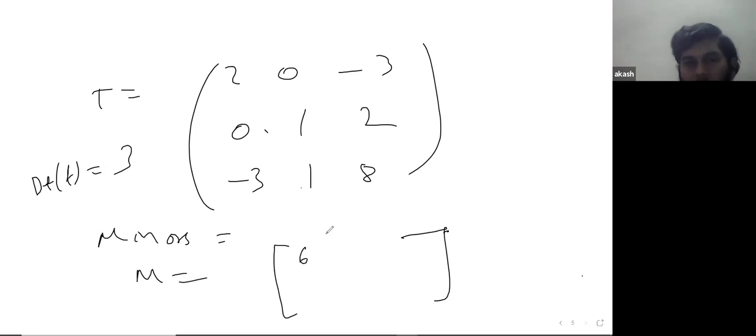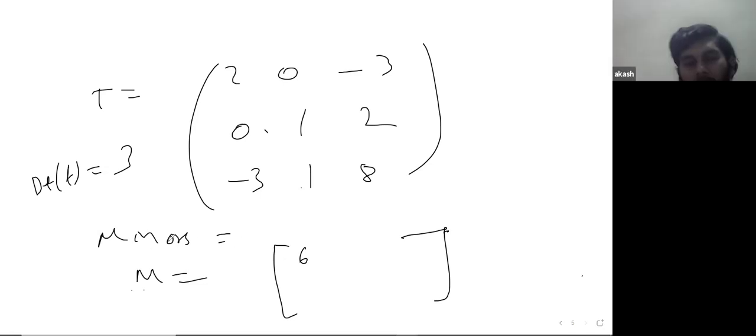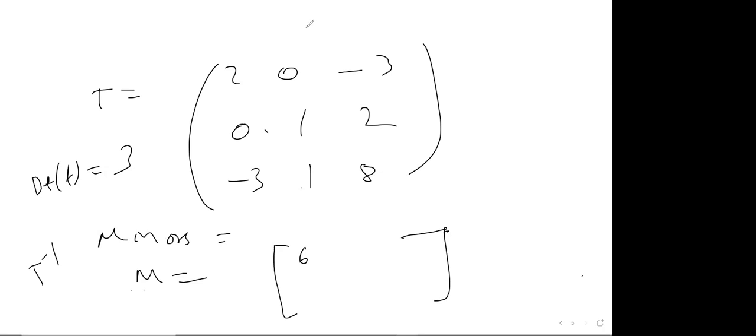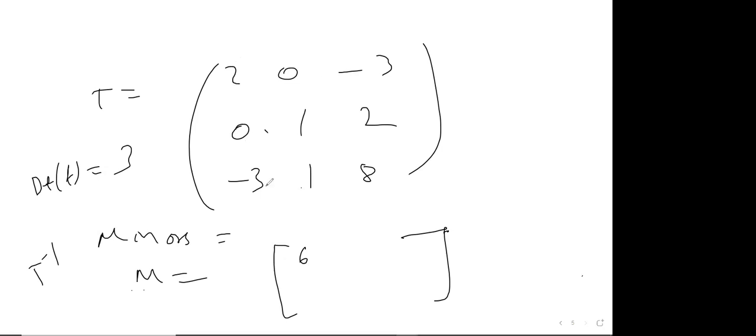The first is 6, right? 8 minus 2 is 6. Did you find the minor matrix? No, I didn't find the minor matrix. Then how did you find the inverse? The second step is to find the minor matrix, right? Yes. Do you remember how to find the minor matrix? Yes.